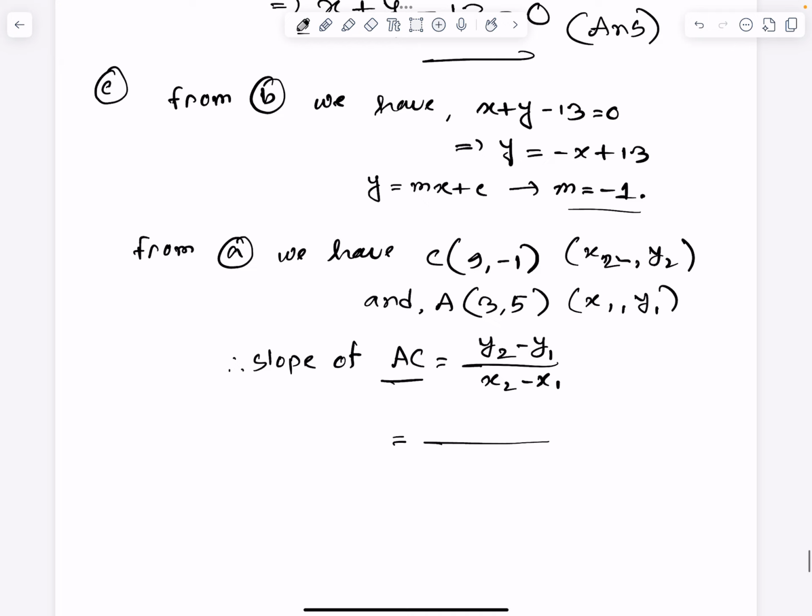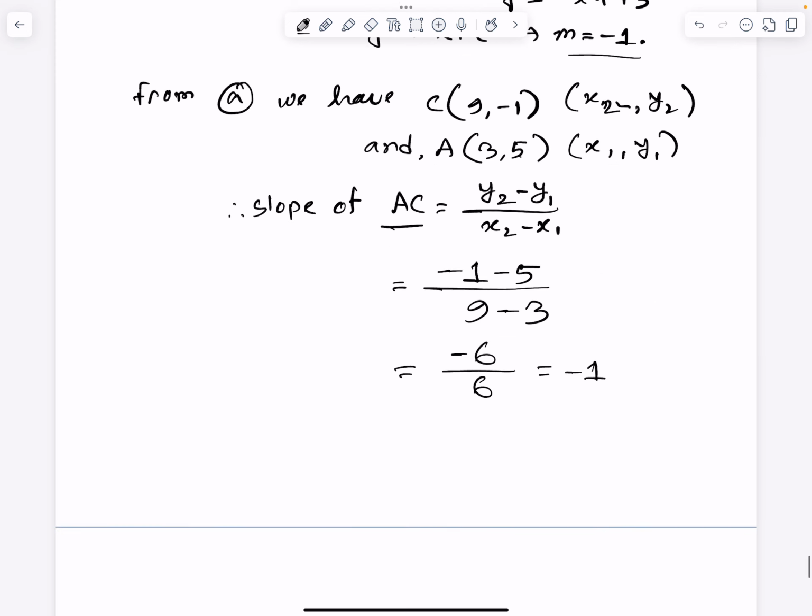Which one is y2? Minus 1. Which one is y1? 5. Minus 5 here. Which one is x2? x2 is 9. And which one is x1? x1 is 3. 9 minus 3. So we have minus 6 in the numerator, and in the denominator, 9 minus 3 is 6. Dividing them, we get minus 1. So the slope of AC is minus 1.